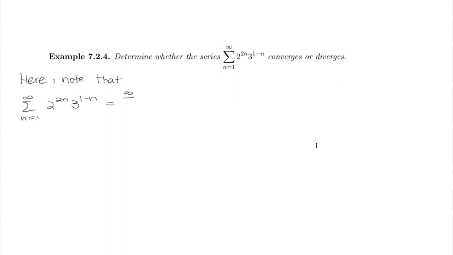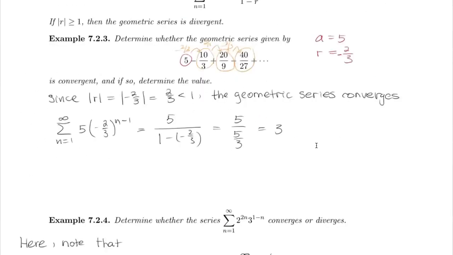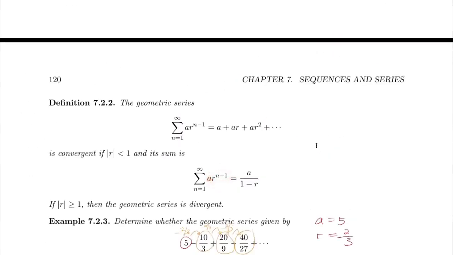I could write this as the infinite sum of 4 to the power n for the first one. And I could also write the second part as 3 to the power negative (n minus 1). Because I have the negative exponent, I could move it to the denominator, so I have 3 to the power n minus 1. And because of the first term, we want it to be n minus 1 for it to be the correct geometric series.